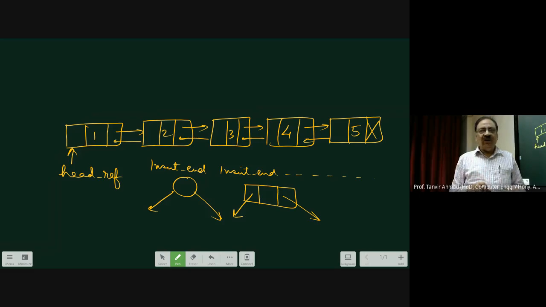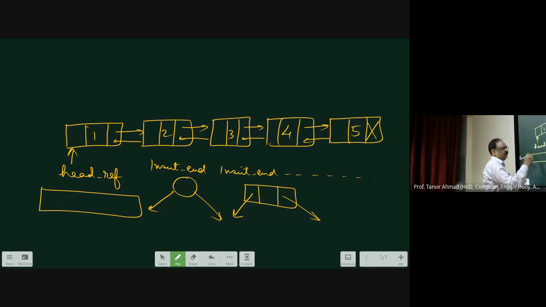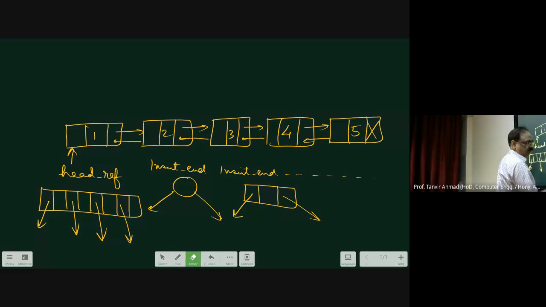Therefore, not only a double linked list, it could be an n-way linked list. I can also have something like this, which is very practically oriented. This is a four-way linked list.